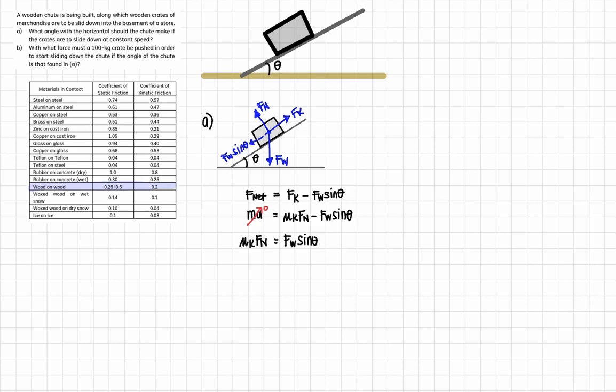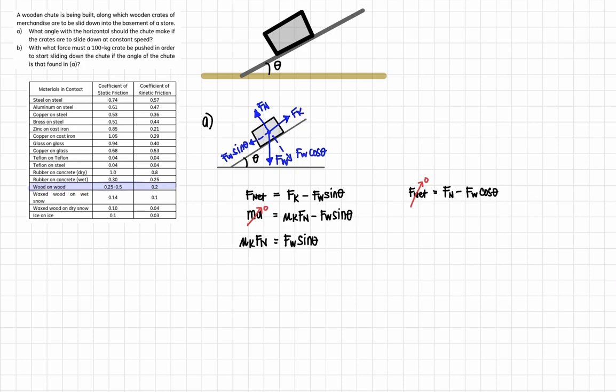Okay, before I continue, let's try to find the normal force. So, forces perpendicular to the surface. F net is also 0. Upward is the normal force Fn. And the downward force here is the component of Fw, that is Fw cosine of theta. But this net force is 0.